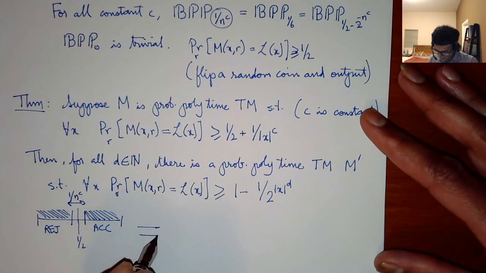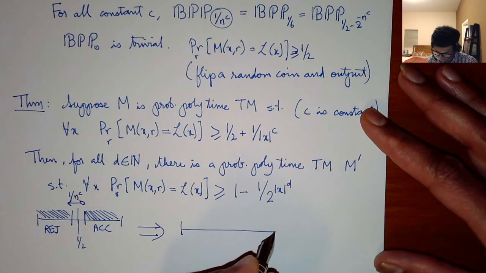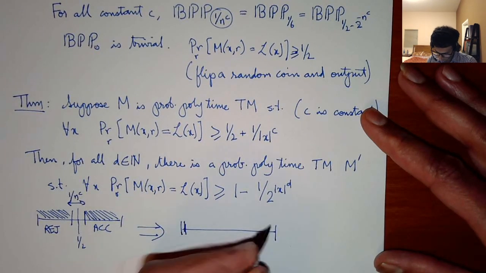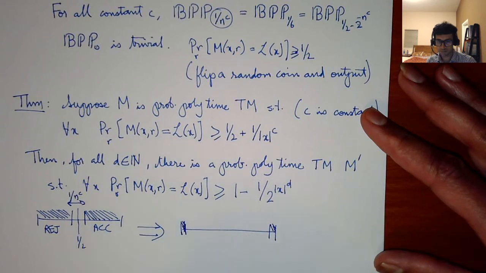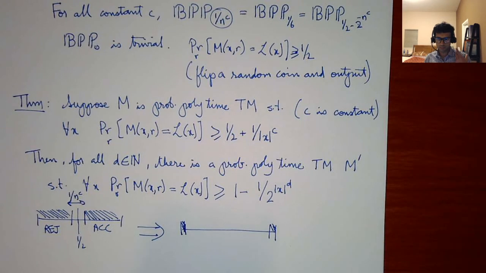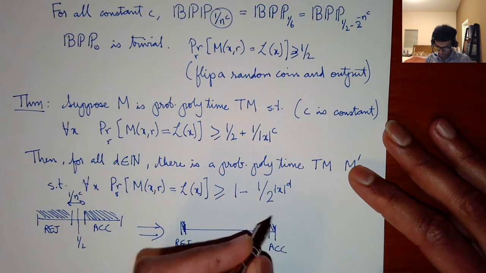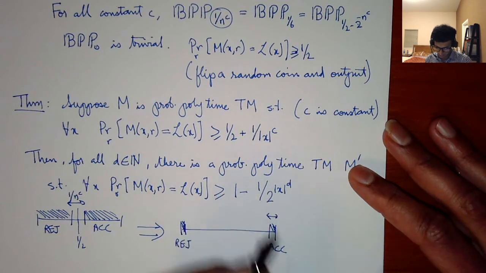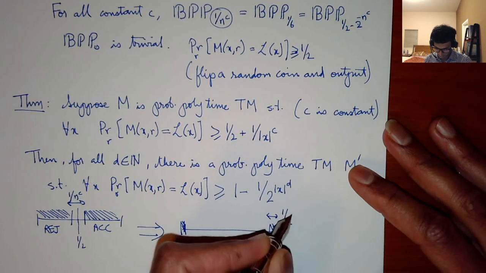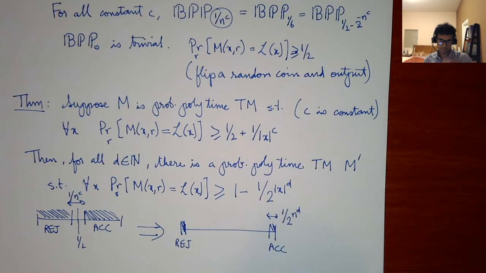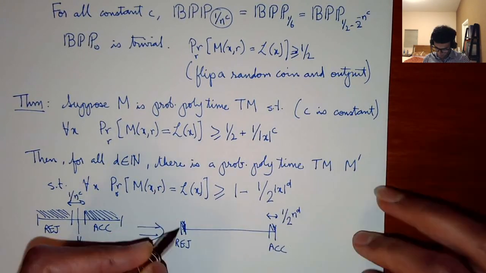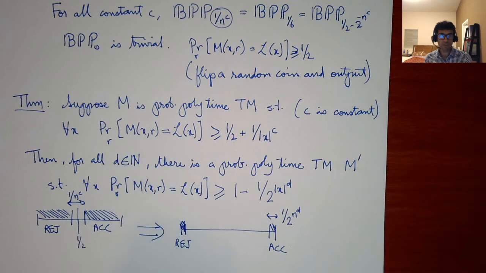From that, we can actually get something that looks like this. It's not deterministic, but it's so close that the acceptance probability is here, the rejection probability is here, and this is really, really tiny, 2 to the n to the d. We're able to basically boost the probability of success.